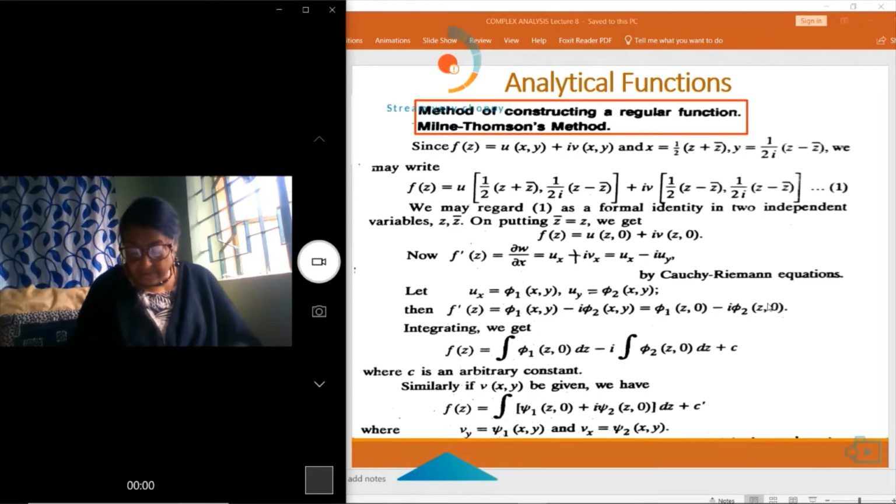Integrating this, we get f(z) = ∫φ1(z,0)dz − i∫φ2(z,0)dz + c, where c is an arbitrary constant.